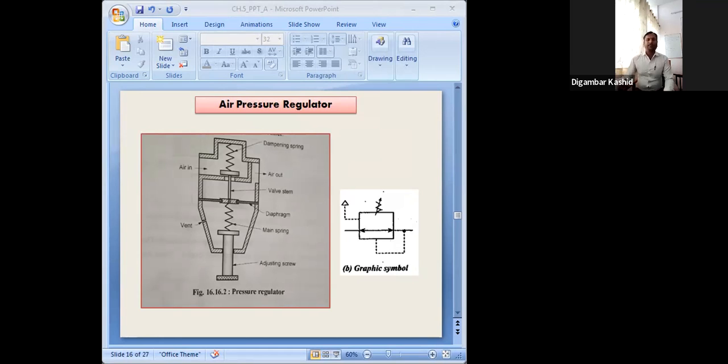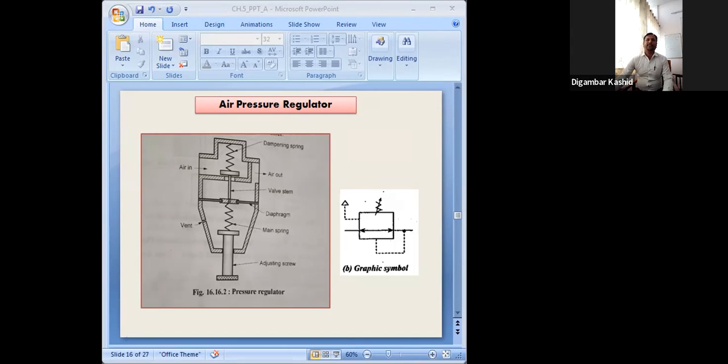When the required pressure value is low, and the pressure of the incoming compressed air is high, at that time the diaphragm will move in the downward direction, the damping spring will expand, and due to that this valve will close.